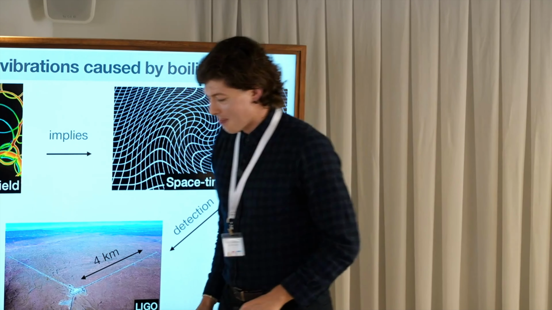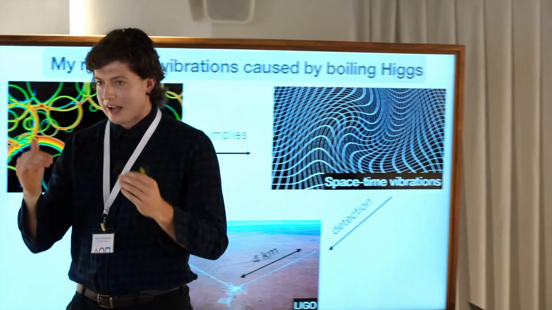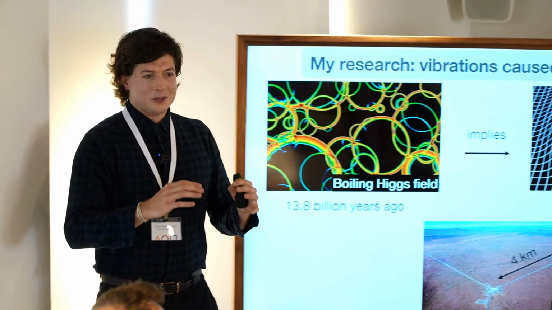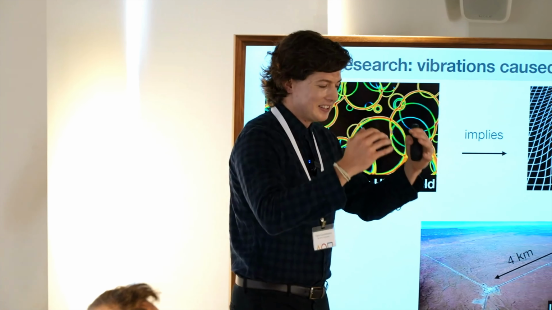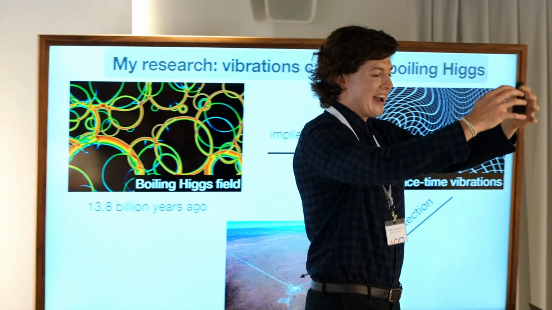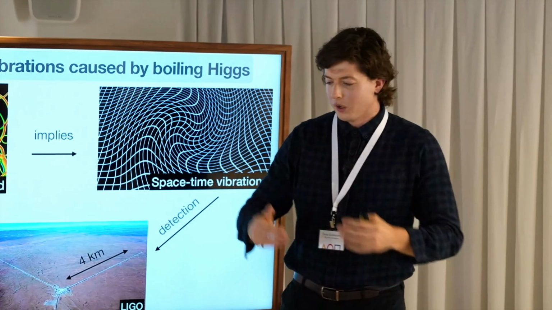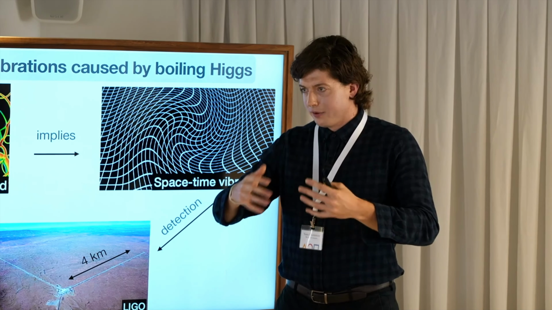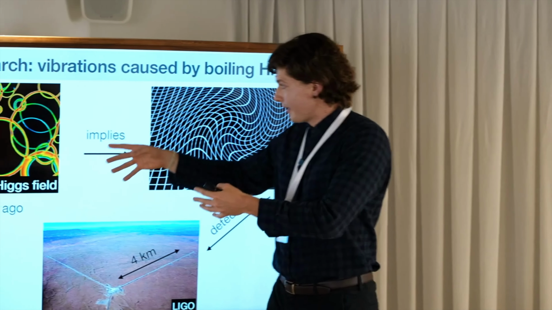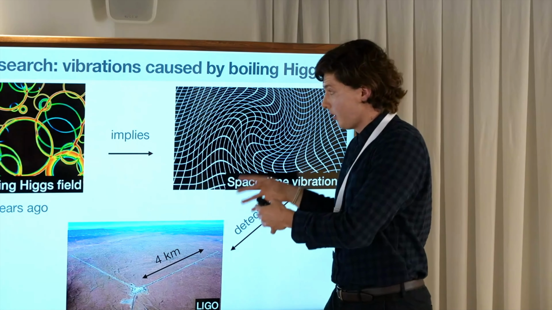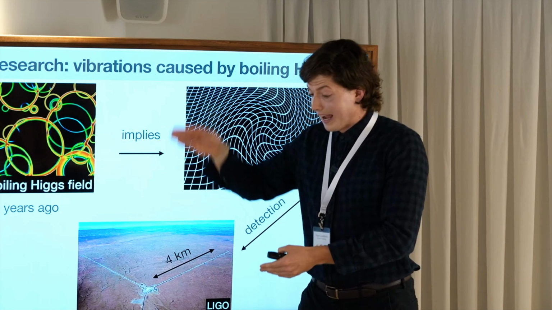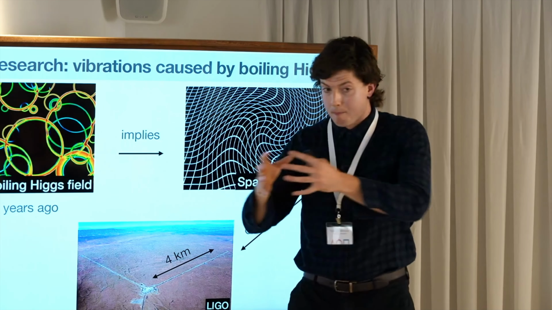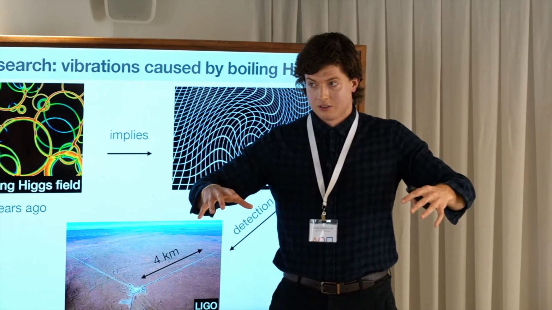And then, as the temperature cooled down, the Higgs started to go from gas to liquid during a phase transition. And this phase transition, the question is, how does it take place? And theoretical modeling tells us that it takes place the same way as for water, the liquid-gas transition for water, via bubble nucleation.